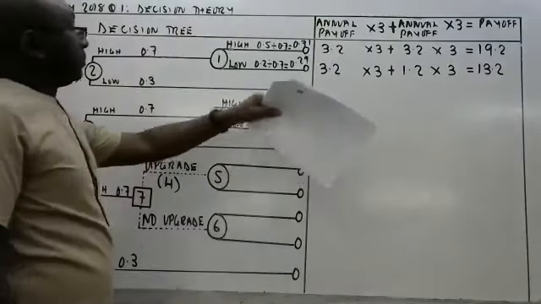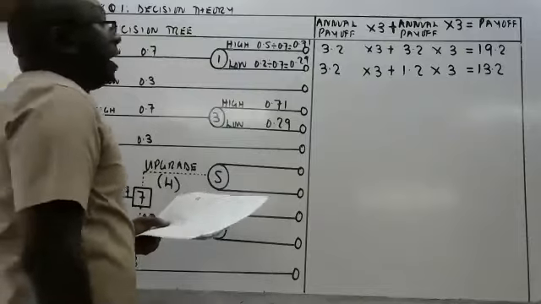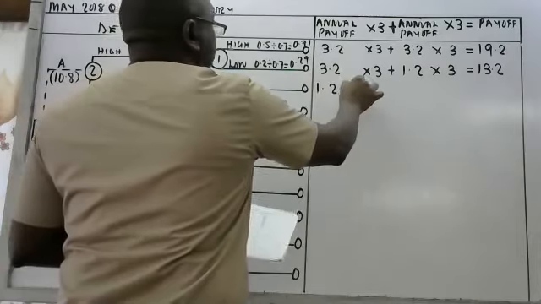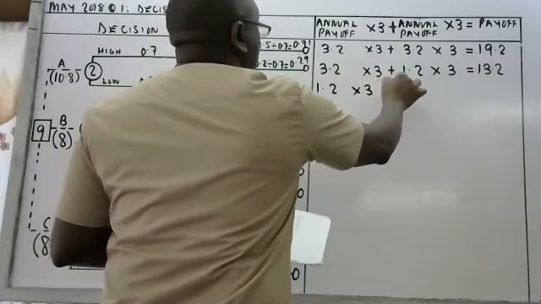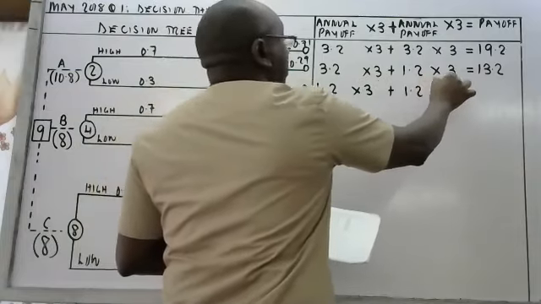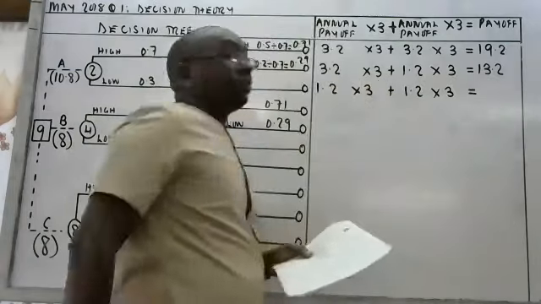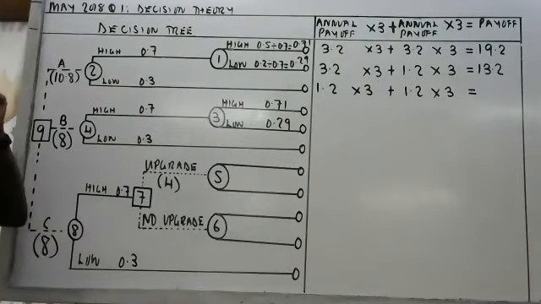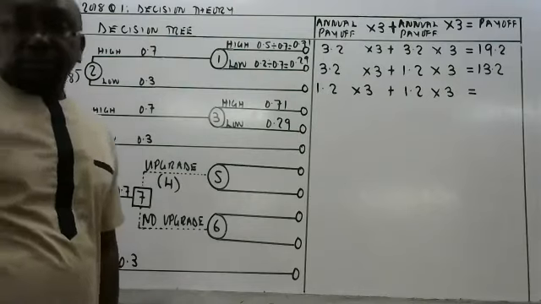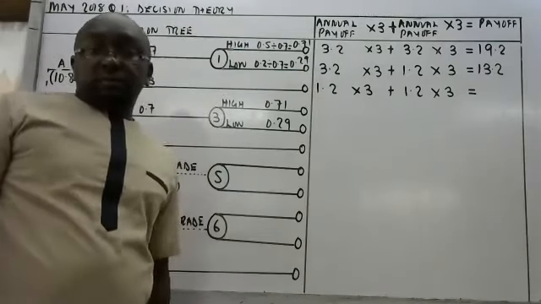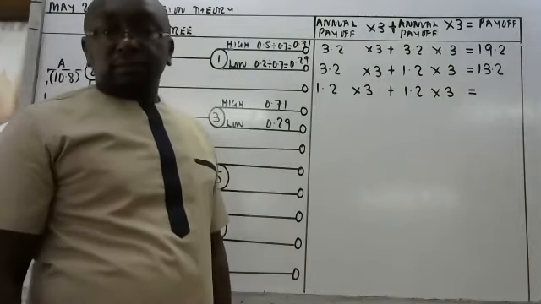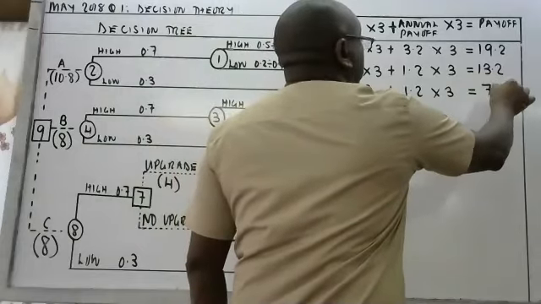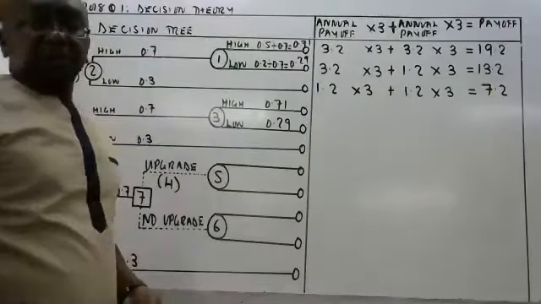This other one, when you are in option A and it turns to be low, the first 3 years low, the next 3 years low, 7.2.